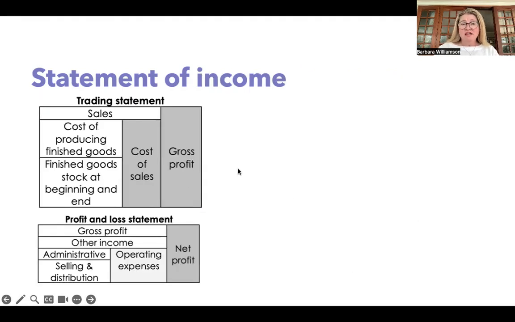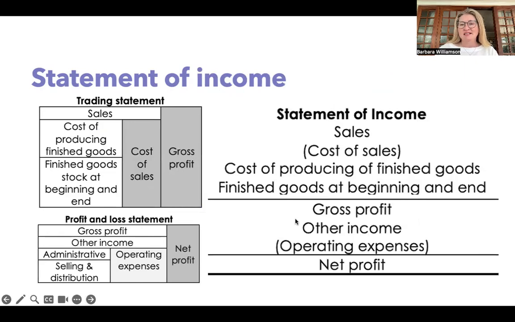Your statement of income will have a trading part and a profit and loss part. These parts can be split up into two statements or asked as two separate parts, or it could be combined in the entire statement of income, just like you've always had previously.